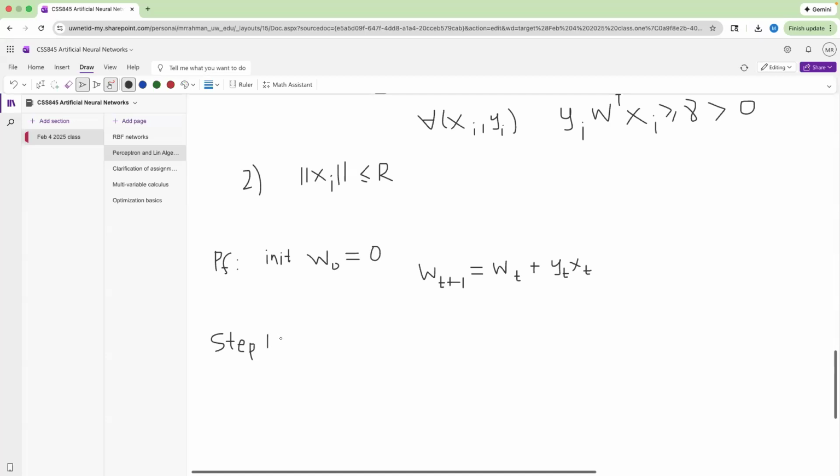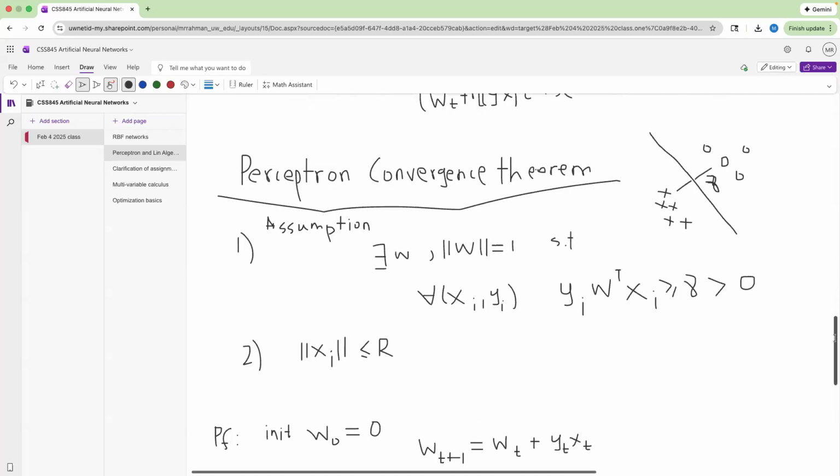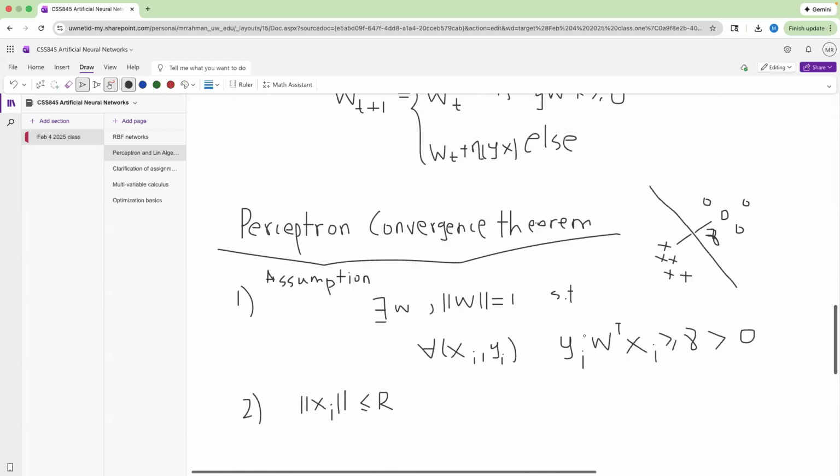So let's see, once we do this update, what happens. In our proof we are assuming that there is a separator that is unit norm, and it's a correct classifier.